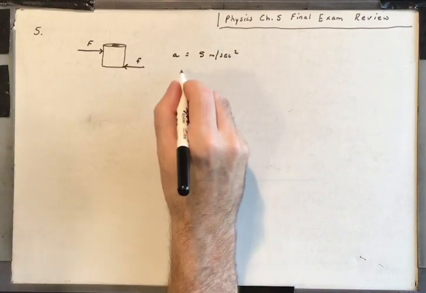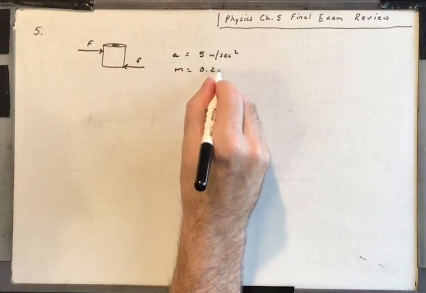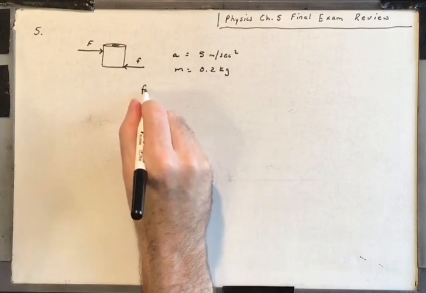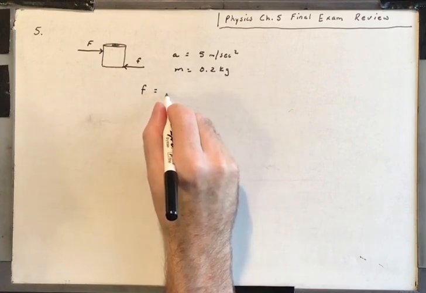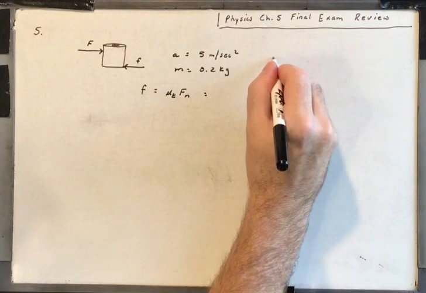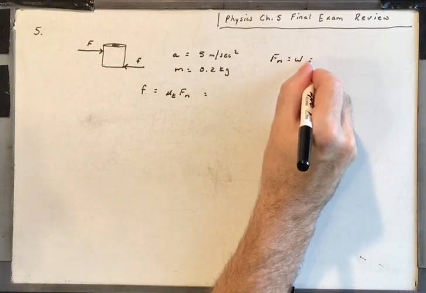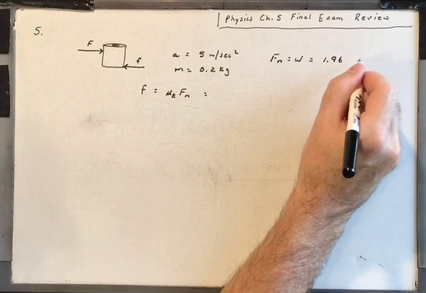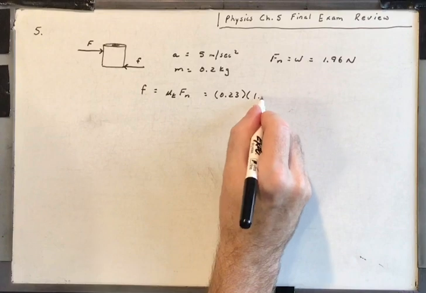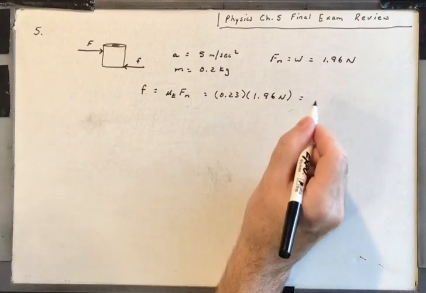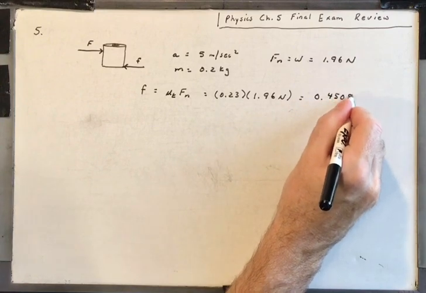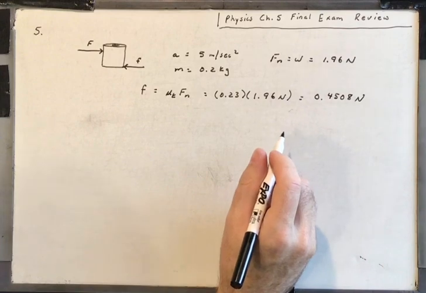All right, and we already know the mass is equal to 0.2 kilograms. The force of friction is just going to be mu sub k times the normal force. The normal force is equal to the weight, which in the last problem we figured out was 1.96 newtons. So 0.23 times 1.96 newtons. So that was the answer that we got last time, 0.4508 newtons.